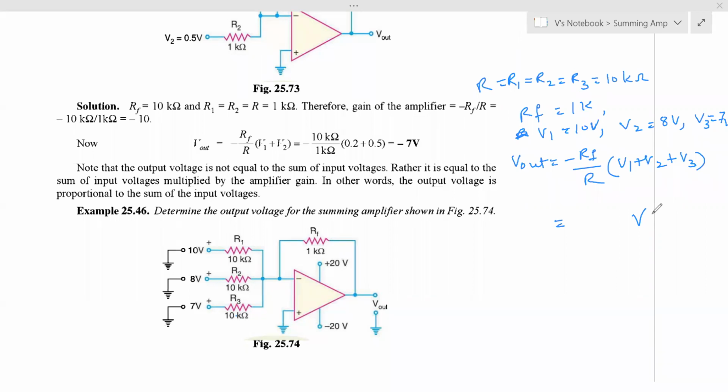RF is 1K, R is 10K, so 1/10 आएगा. 1/10 is 0.1. 0.1 multiply by 25 कितना आ गया? -2.5 वोल्ट. आ गया सबको ये आंसर?